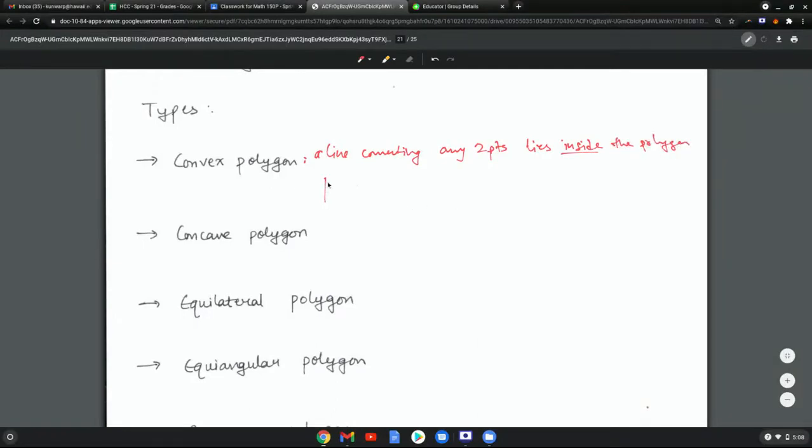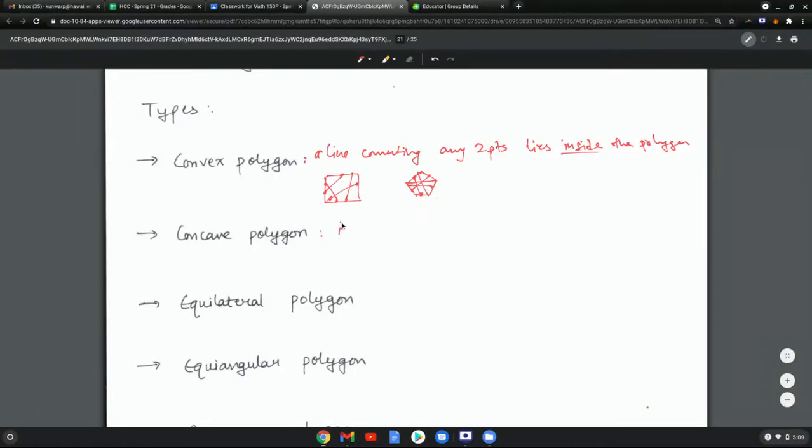For example, if you take a good old square or rectangle, any 2 points you draw, no matter what way you draw, it's going to be inside. Or if you take a pentagon, any two, it doesn't have to be the vertex. Any line you draw between 2 points on the polygon lies inside, then it's convex.